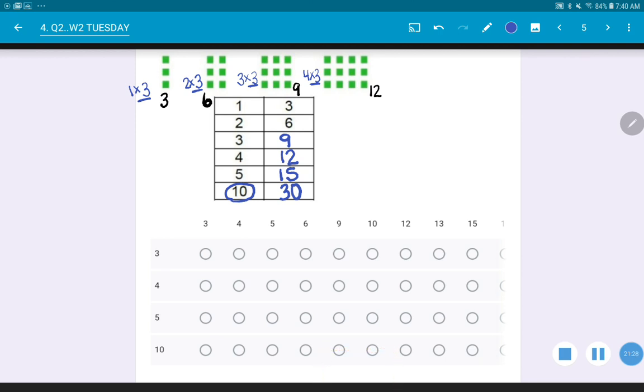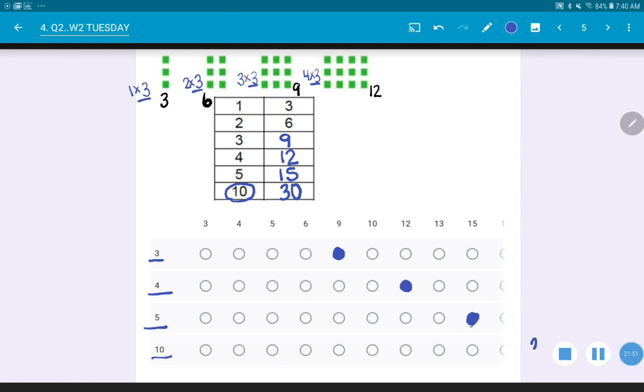So to answer in these little selection boxes you have, if I had 3 rows, there would be 9. If I had 4 rows, there would be 12. If I had 5 rows, there would be 15. And when I have 10 rows, there would be 30.